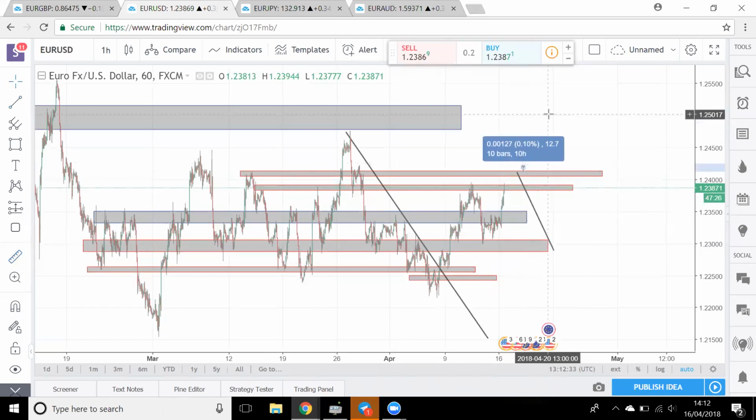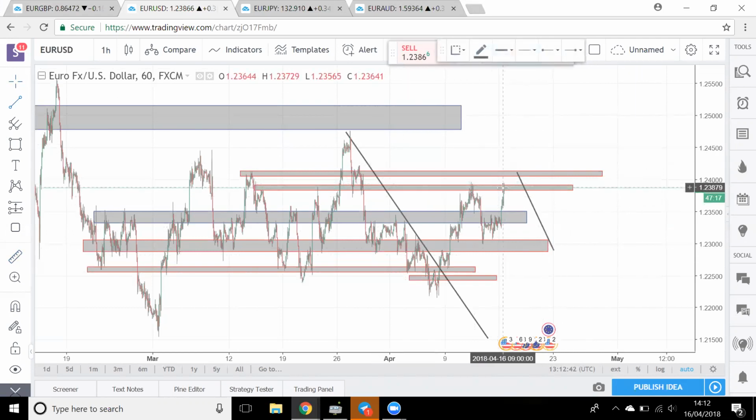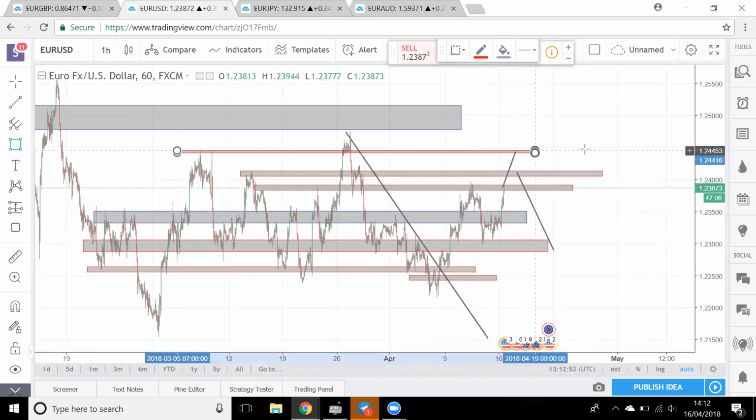I have a 13 pip stop loss for 120 pips. Again, 1 to 10. But I think that would be a very nice trade. If we do break this zone, which I highly doubt, then we've got this zone.